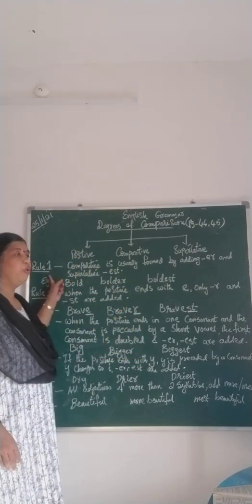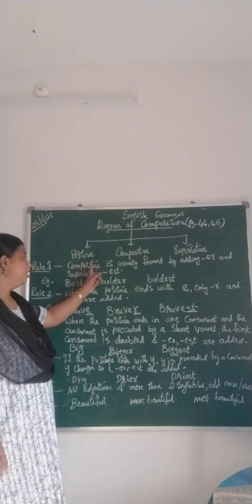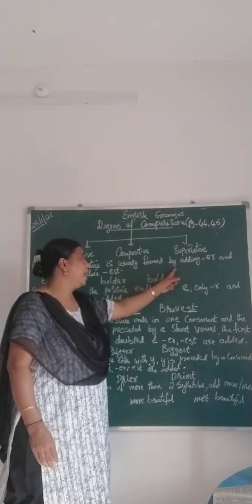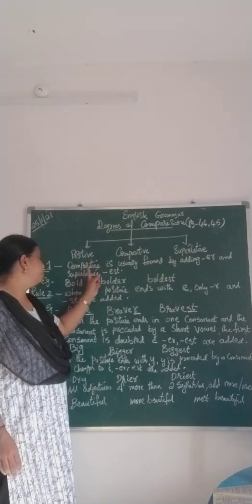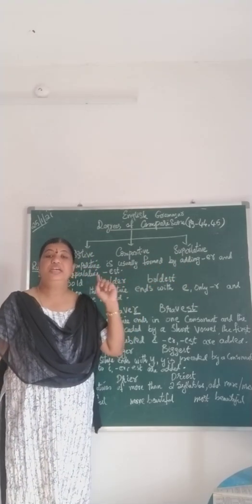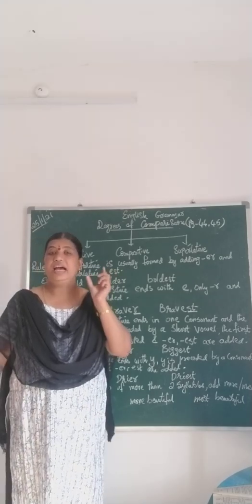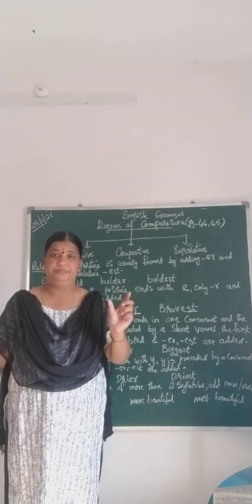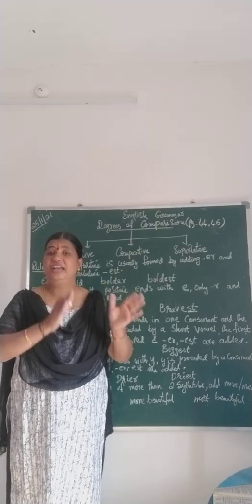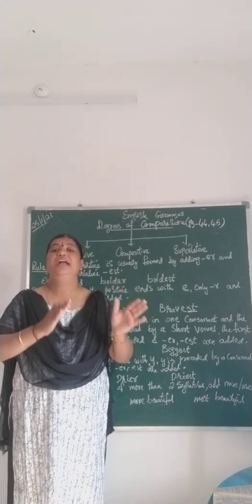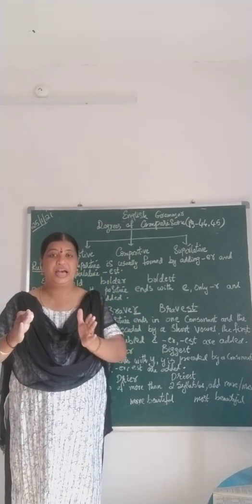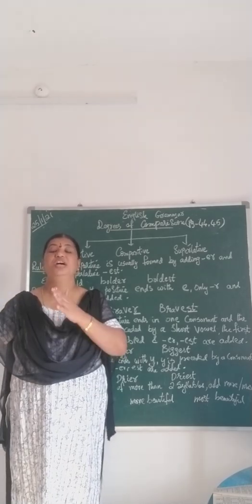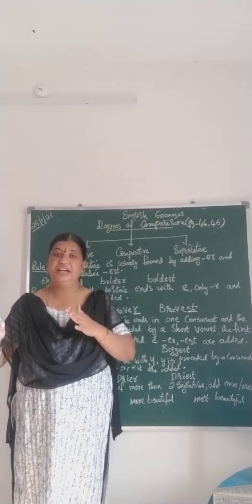Now, rule number 1. Comparative is usually formed by adding ER and superlative by adding EST. In the first rule, to any normal adjective you can add ER for the comparative and EST for the superlative degree. Understood?